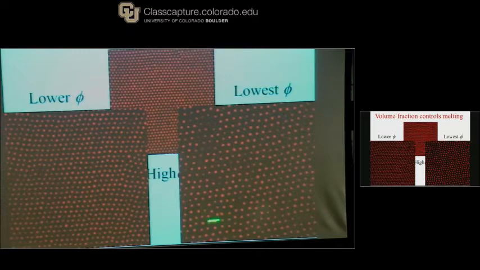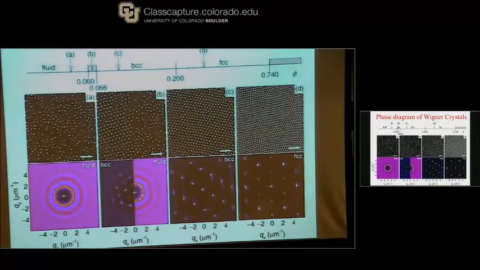But these things will move, they'll fluctuate. Before you could see them fluctuating, but they stay in their crystal lattice. So you can look at this and do all the experiments you want. You change the volume fraction. Here's high volume fraction. You look at the lattice, they're crystals.